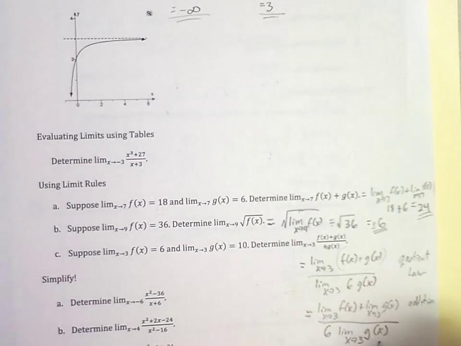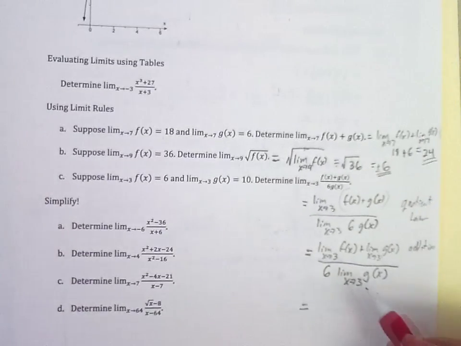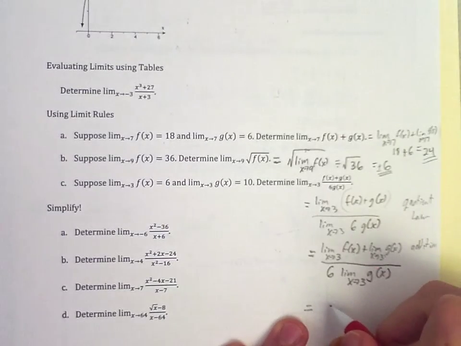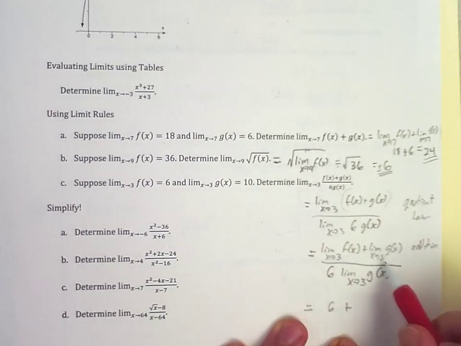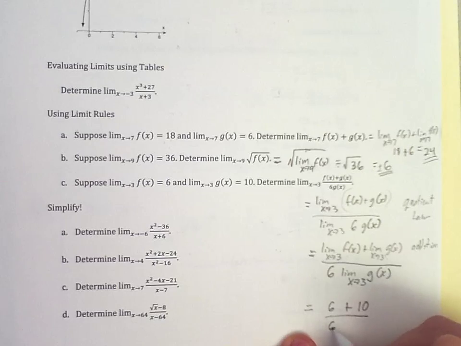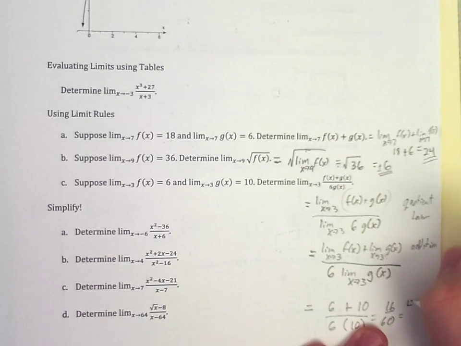So now I've got these all in terms of values that I know. So limit as x approaches 3 of f of x is 6, plus the limit of g of x as x approaches 3 is 10, divided by 6 times the limit, again, g of x is 10, so that would be 16 over 60, or to reduce it will be 4/15.